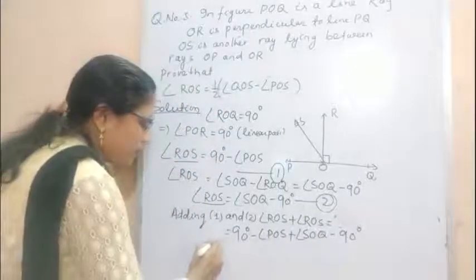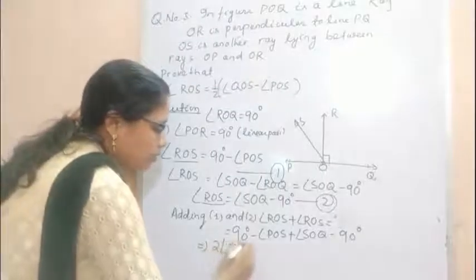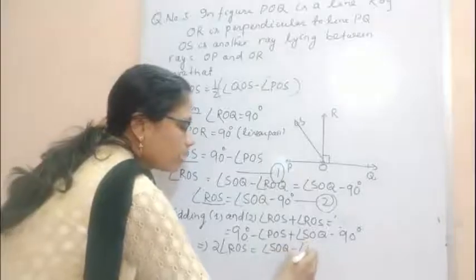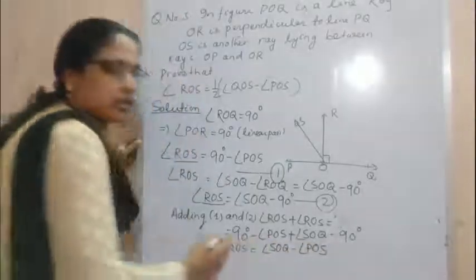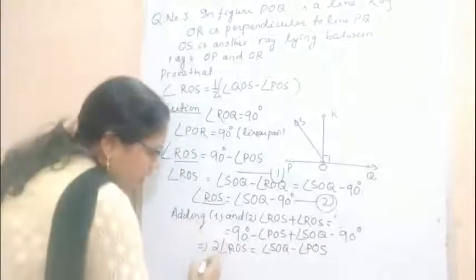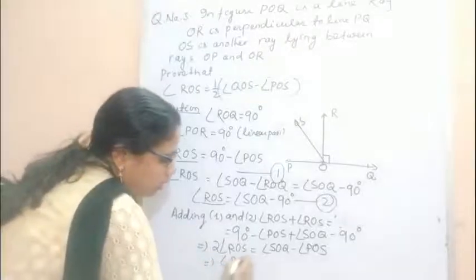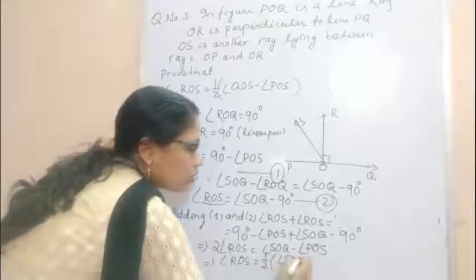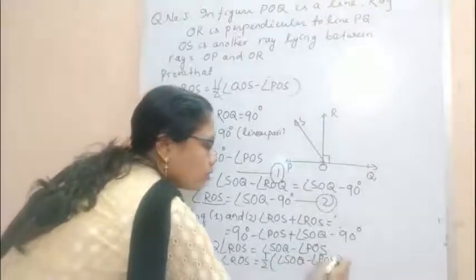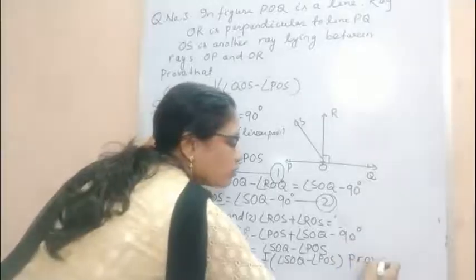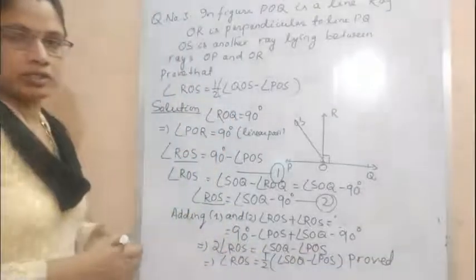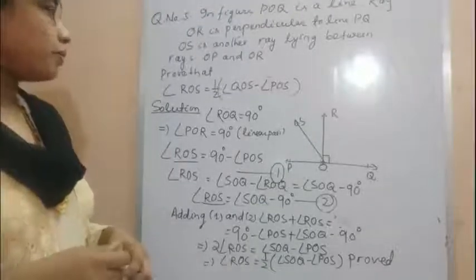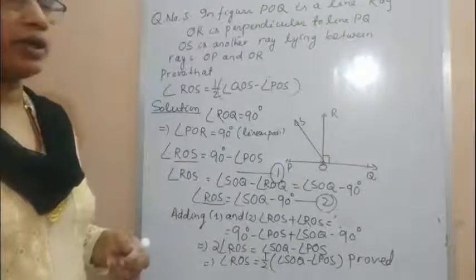So this implies 2 of angle ROS is equal to angle SOQ minus angle POS. So this implies angle ROS is equal to half of angle SOQ minus angle POS. So this is proved. In this way we can prove that angle ROS is equal to half of angle QOS minus angle POS.